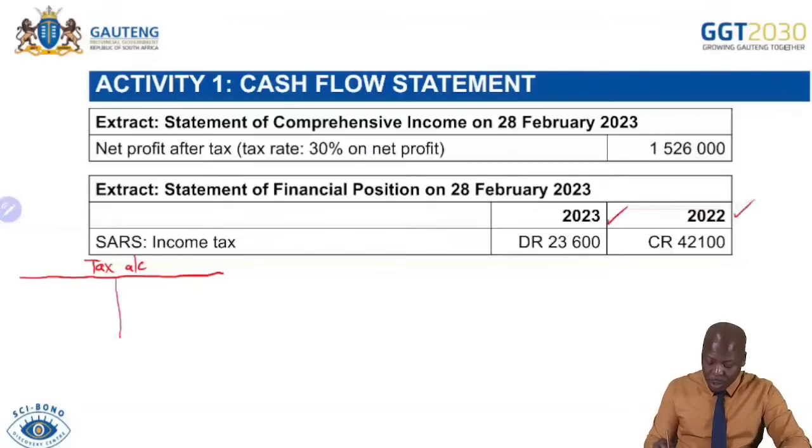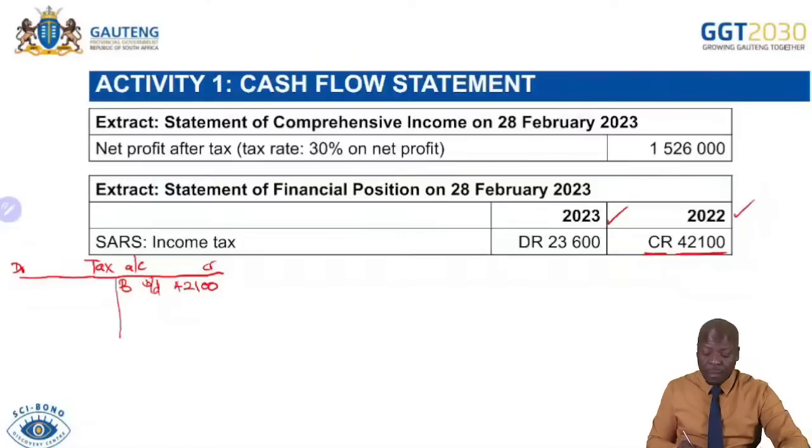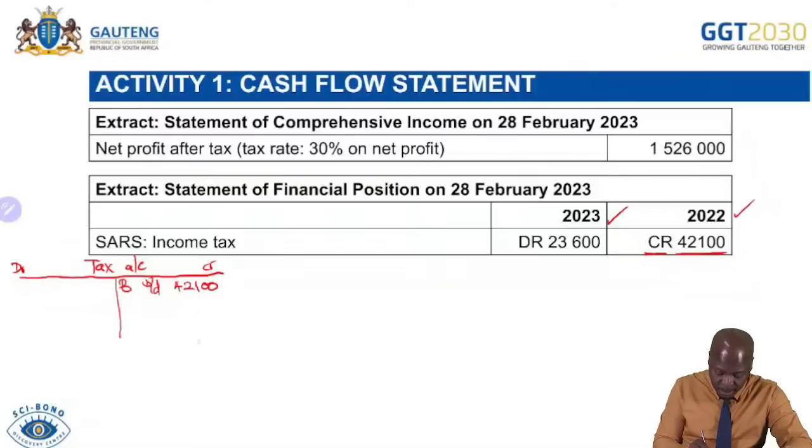The balance in 2022 is a credit balance of 42,100. All right. So I'm going to come to my ledger account. I know this is my debit and this is my credit. So I'm going to have here my balance. I'm just going to say balance BD, and then I have my 42,100. That is my balance on the income tax.